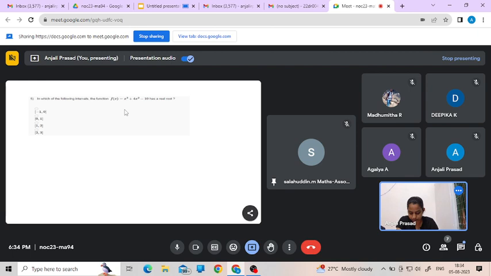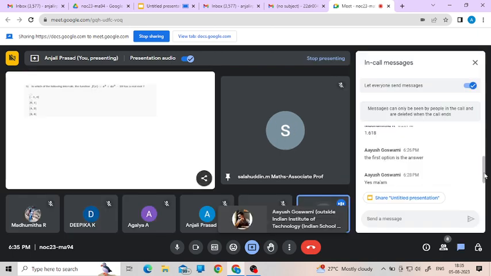For that, you'll take the f of x value, then f dash of x as f1 of x, then you'll find f2 of x by taking minus of the remainder of f of x upon f1 of x.